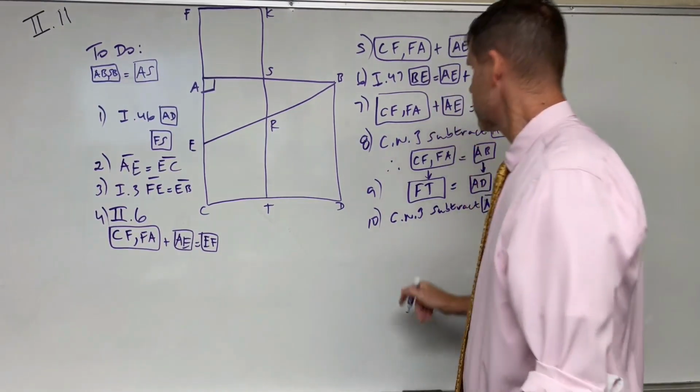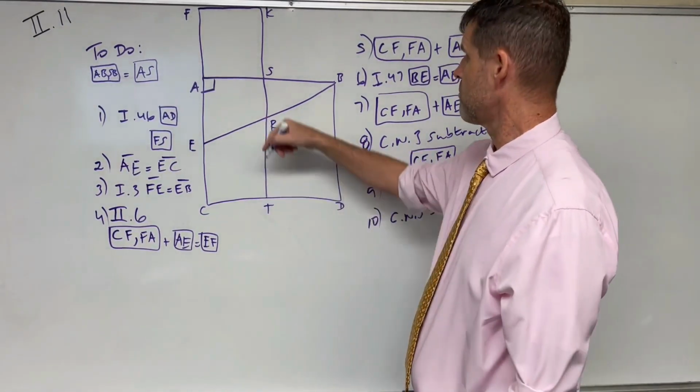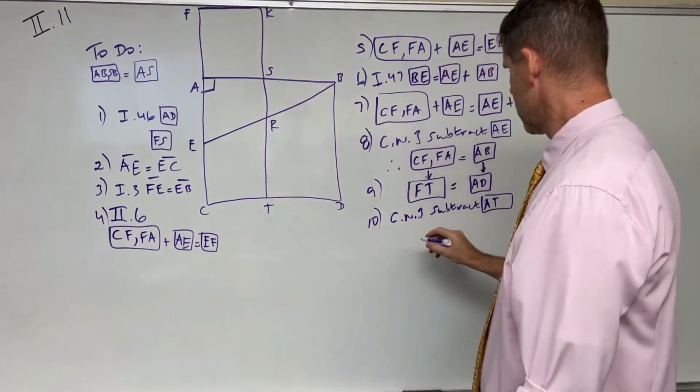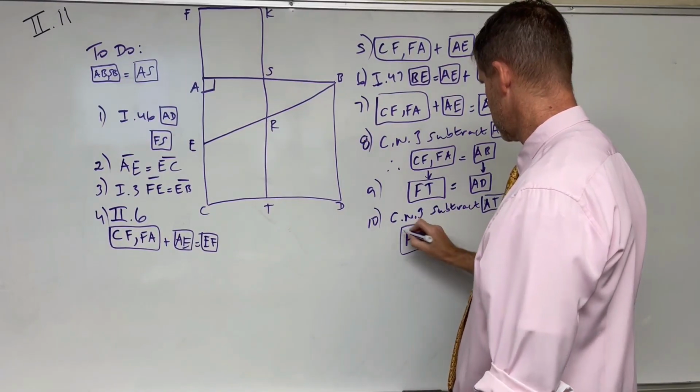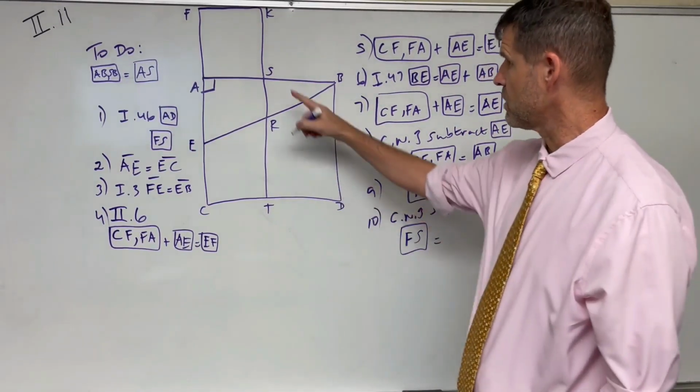Now we're left with, take out AT from the rectangle FT, we're left with the square FS equaling the rectangle SD.